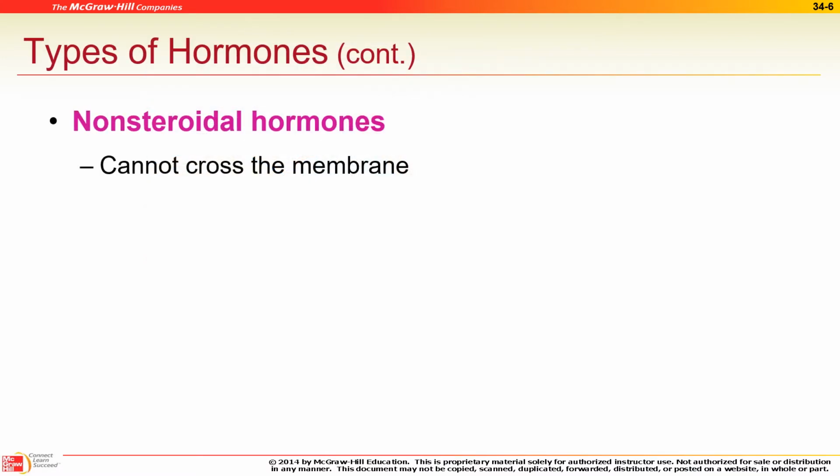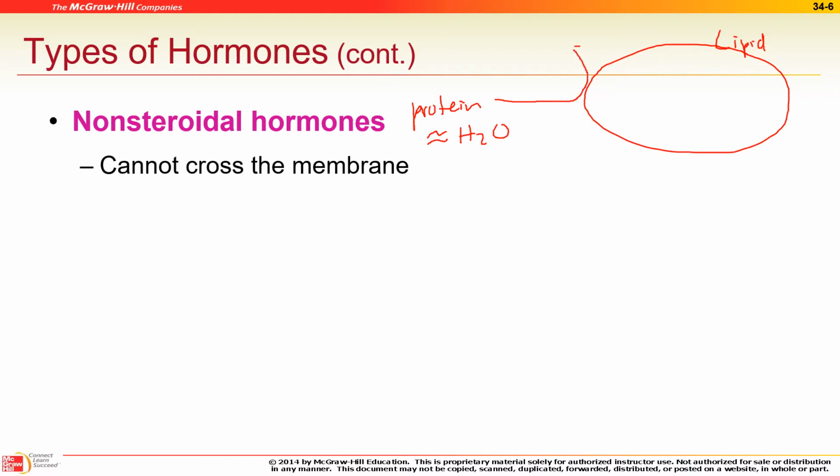Non-steroid hormones, these are mostly protein-based, and protein-based hormones are hydrophilic, so they're going to act like water. So the same cell membrane is made out of lipids. This time the protein cannot penetrate the cell membrane.